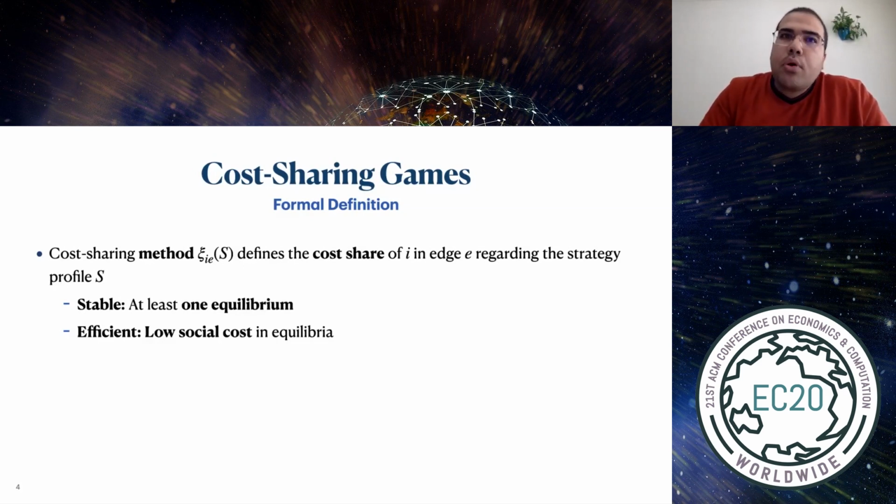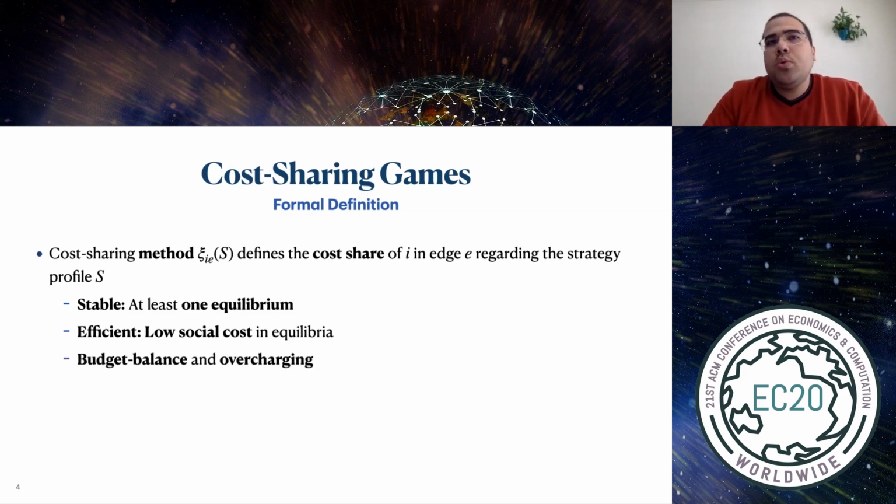In addition, a protocol can be budget balanced or use overcharging. In a budget balanced protocol, the sum of the payments of the players using some edge must add up exactly to the total cost of that edge for that load. However, we might have more power in designing protocols if we do not restrict our protocol to be budget balanced and add some overcharging to cost functions.